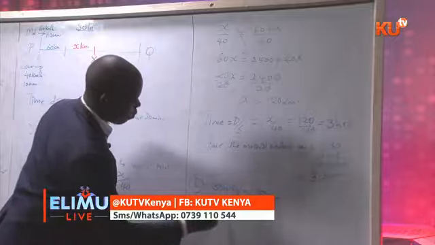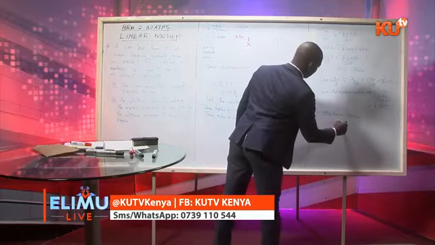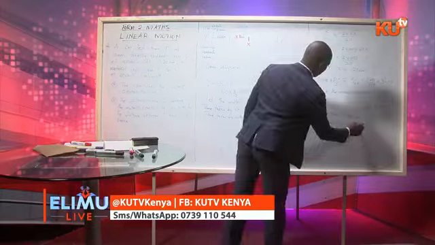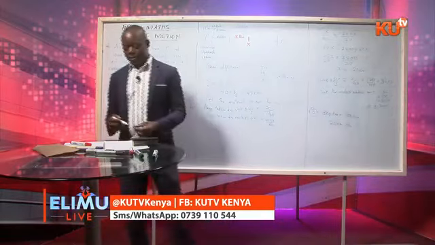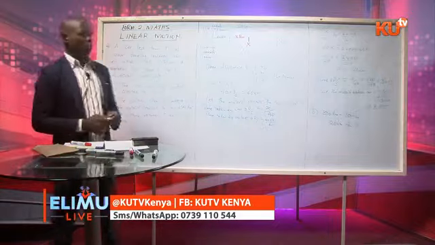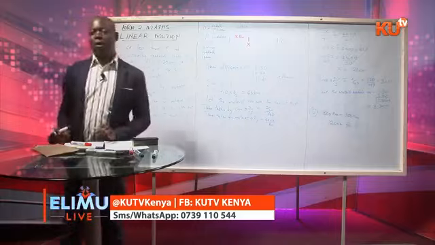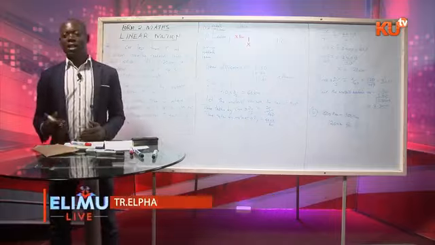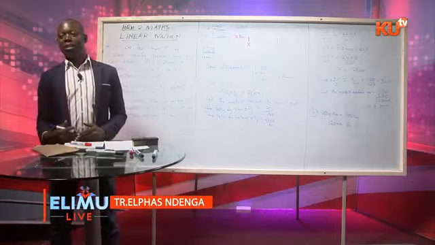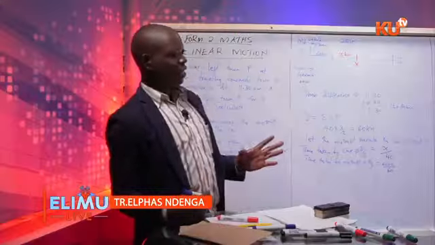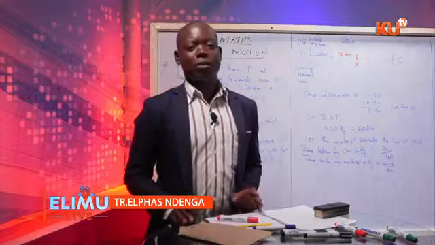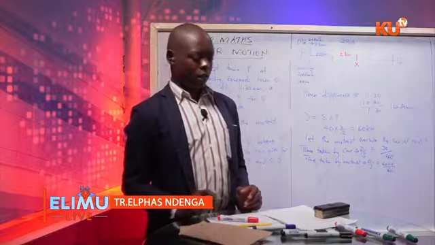So that is now 120 kilometers from Q. Therefore, that is how we work out linear motion when we have either two cases. One case of an object which is moving in the same direction, and for the object which are moving in the opposite direction.